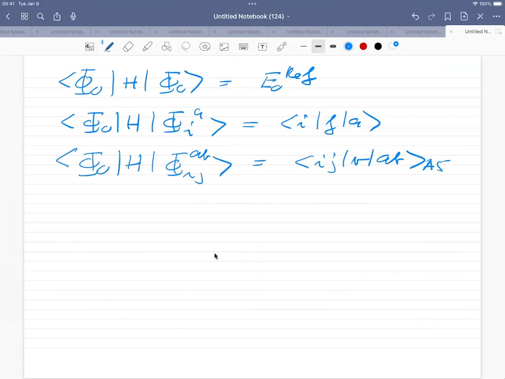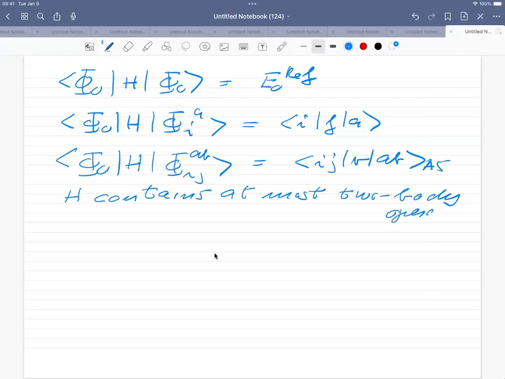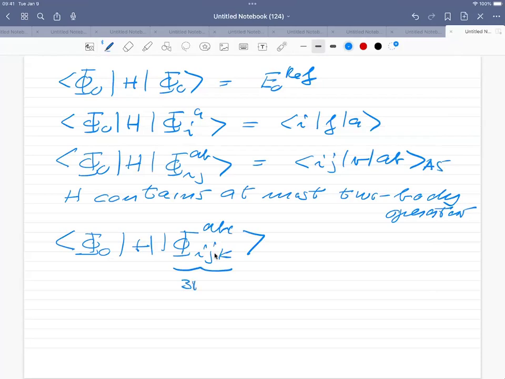Then the ansatz which we have is that H contains at most two-body operators. So these are two-body operators for the energy. That means that we can use the Condon-Slater rule, which simply says that ijk ABC, so this is a three-particle, three-hole state, is equal to 0.